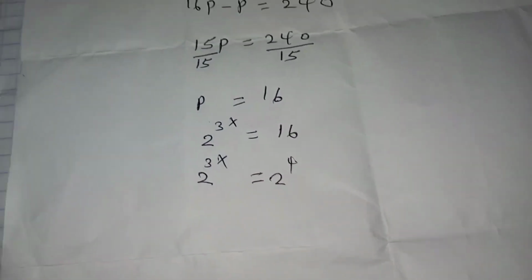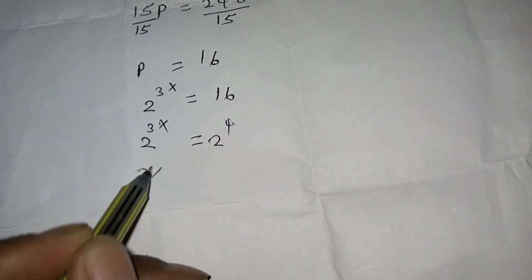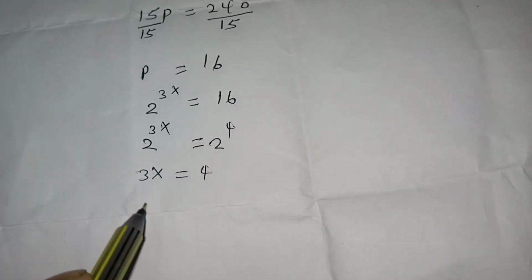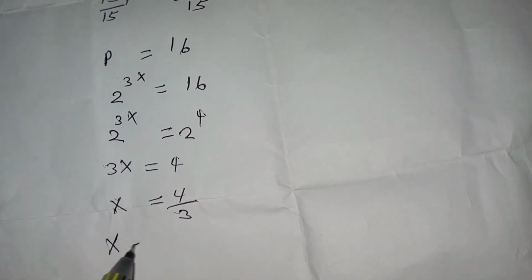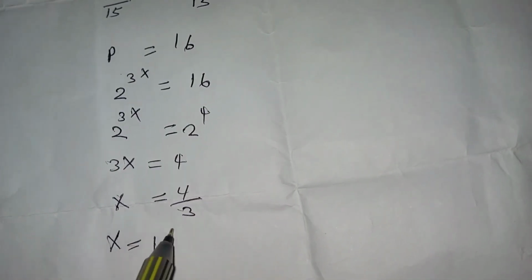Now, since our bases are the same, we are going to equate the index. So we shall have 3x being equal to 4, meaning that our x is equal to 4 over 3 after dividing by 3 both sides. So x is the same as 1 and 1 over 3. That is 4 divided by 3.